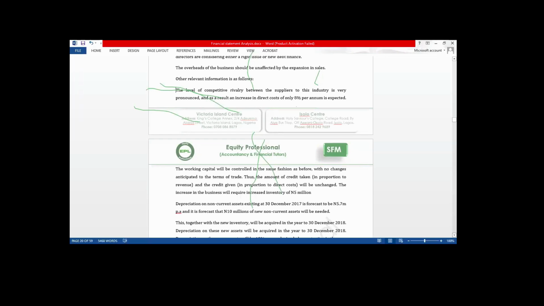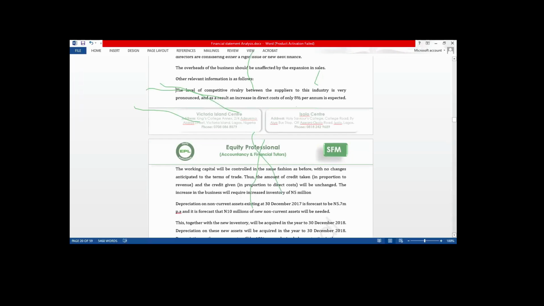The increase in the business will require increased inventory of 5 million. So inventory value will increase by 5 million. Next paragraph. Depreciation on non-current assets existing as at 30th December 2017 is forecast to be 5.7 million per annum.